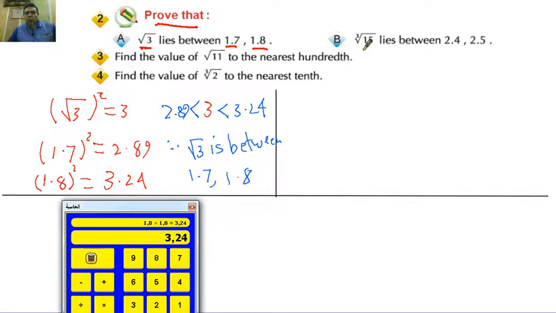The second question: prove that cube root of 15 is between 2.4 and 2.5. Do as in the first question.